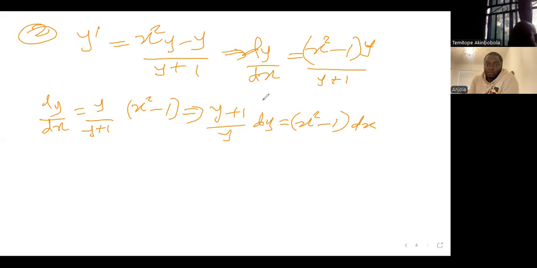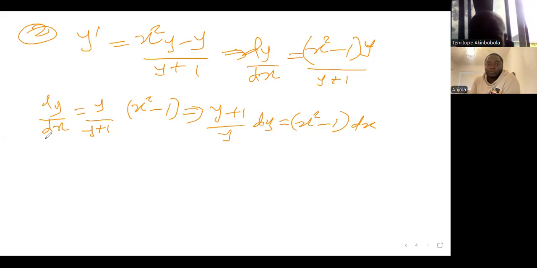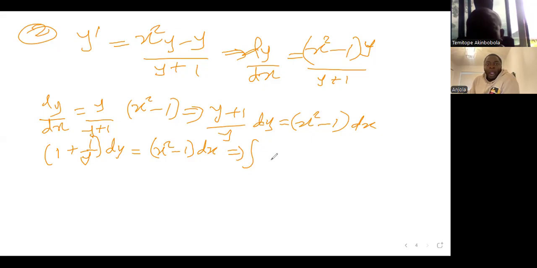The best thing is to divide each term in the numerator first, so that you can see what will happen. So when you do that, you have 1 plus 1 over y dy equals s squared minus 1 ds. So you can now take the integral of both sides, which will give you integral of 1 plus 1 over y dy equals integral of s squared minus 1 ds.